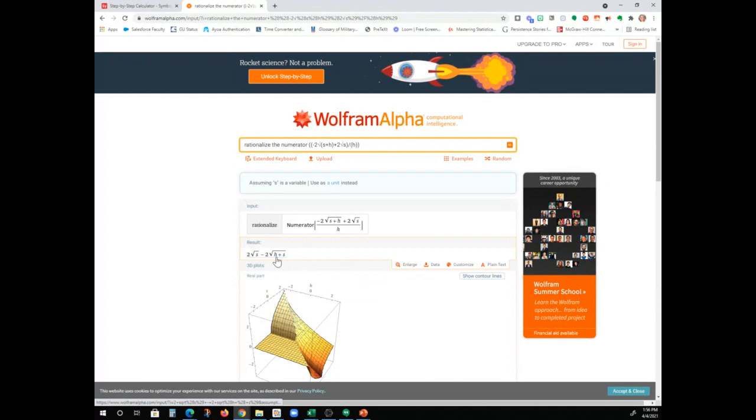Okay, this is what we're supposed to have it look like. Strange, because I did this before and I even wrote down that you use the together and it worked. So I don't know why it's not working today. So for your notes, Wolfram Alpha, just type in rationalize the numerator and it will do that for us. And then this is what it should be simplifying to. 2 square root of s minus 2 times the square root of h plus s. Okay, that is much better.